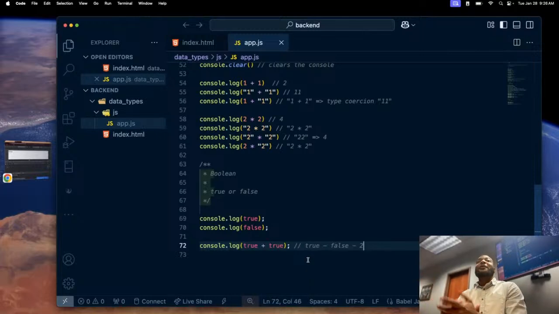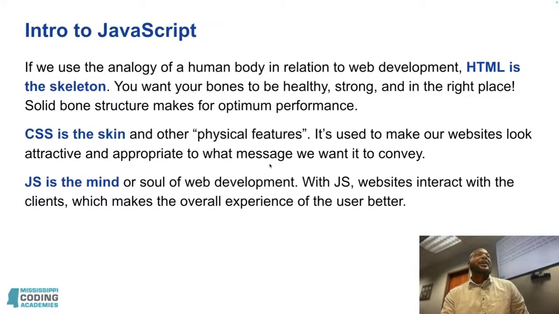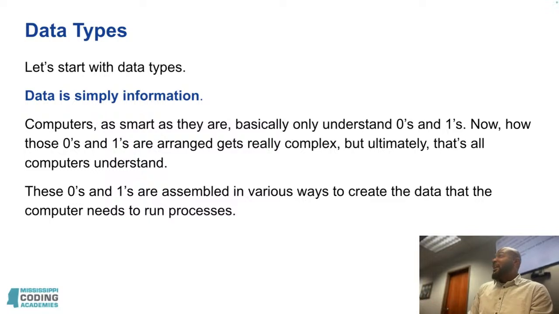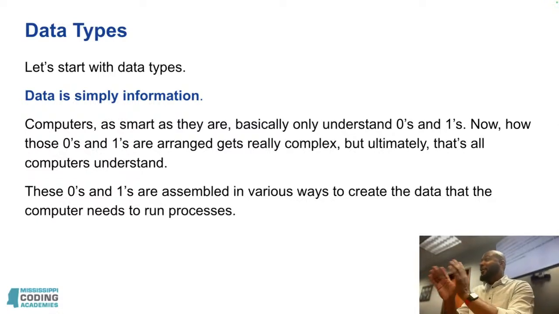Where do we get 2 from? Great question. So remember, if I go back to my trusty slides over here, we said that data is just information, and the computer only understands zeros and ones. That's all the computer knows, zeros and ones. Well, guess what 0 represents? False or off, maybe even down. 1 represents true or on, much like a light switch.